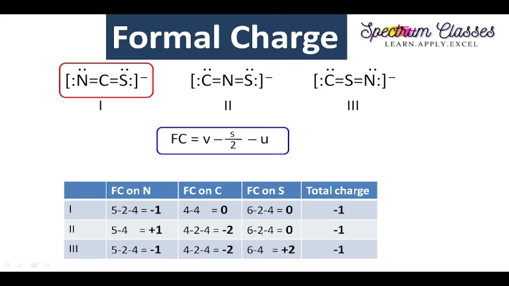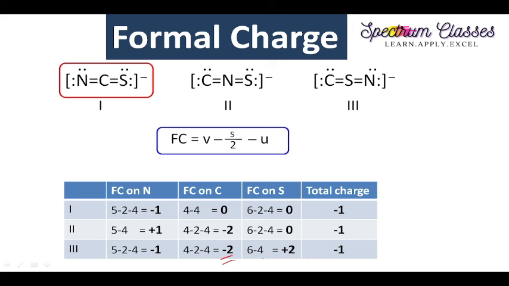Now coming to molecule number 3. In this case we first calculate for nitrogen. Nitrogen has 5 valence electrons, it forms 2 bonds, and 4 electrons are unshared. So in this manner we have -1. For carbon we have the same structure as in the second case, so -2.